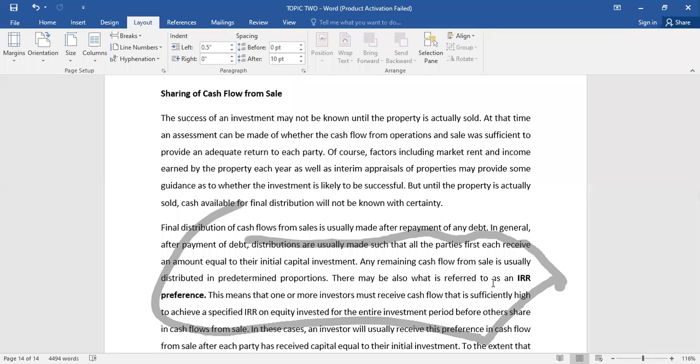So when we are talking of the IRR, it is the investment rate of return. So we need to apportion this from the word go.